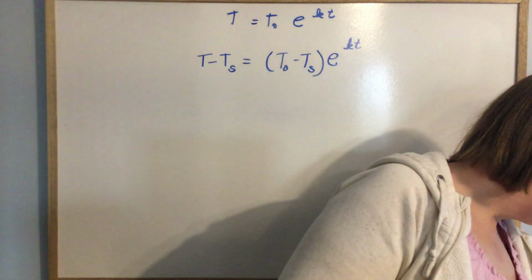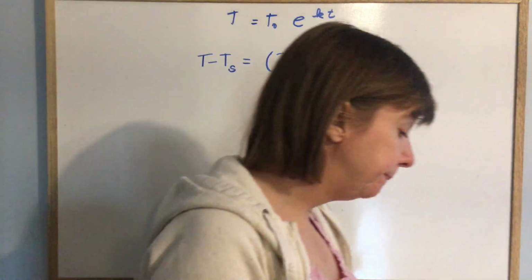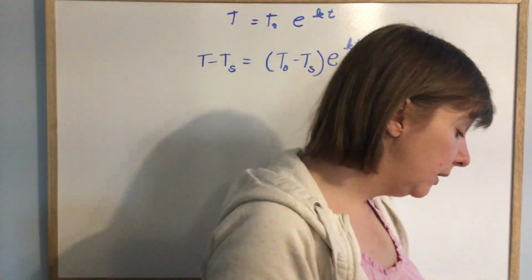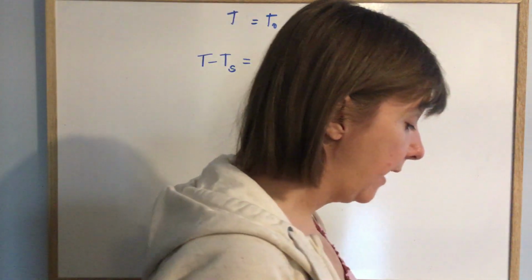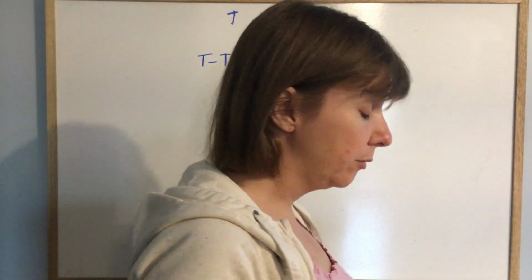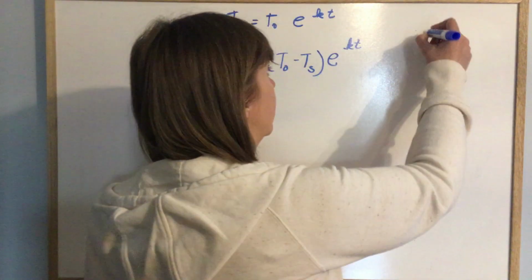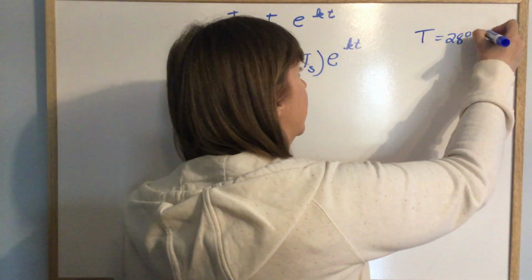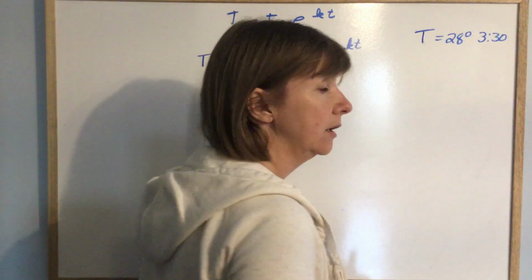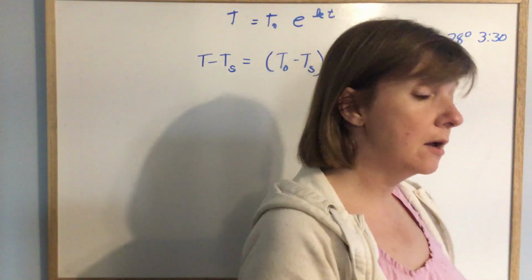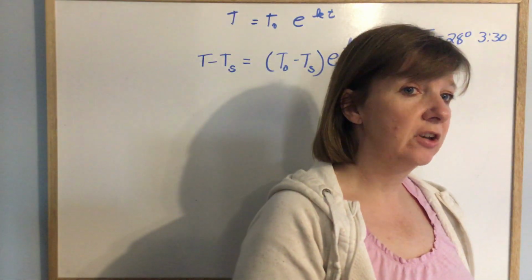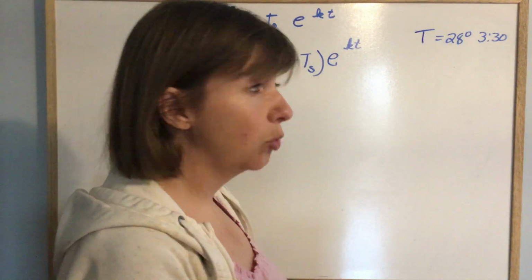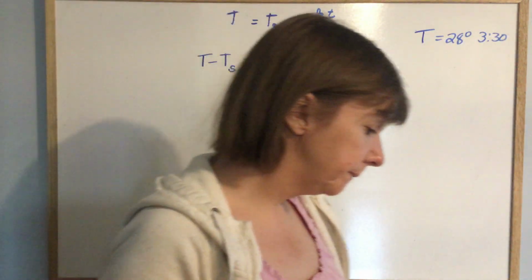All right, so it says the temperature of a recently deceased body is found to be 28 degrees at 3:30 p.m. So the coroner has come to the crime scene, and he's taken the liver temperature. It's 28 degrees at 3:30.